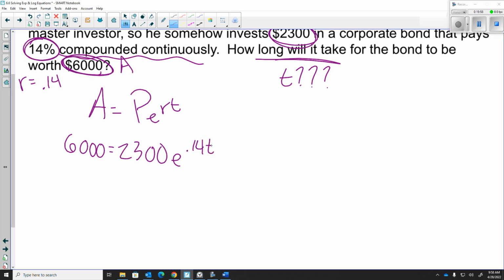That's all the information we have. Now I'm trying to solve for t. It's an exponential, so I have to get this piece alone first. Divide by 2300 on both sides.